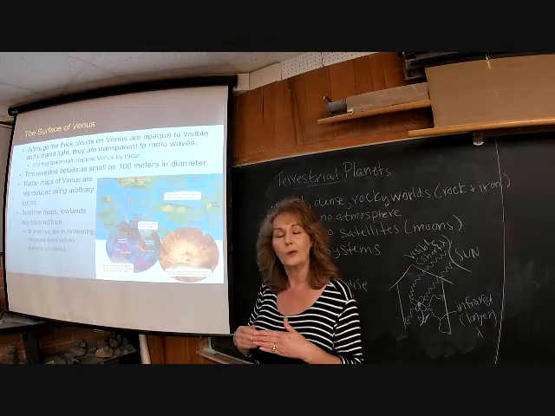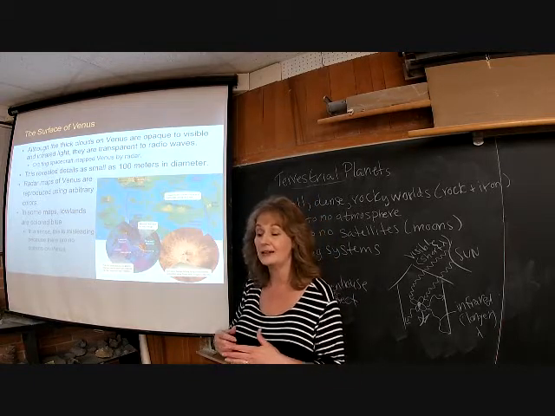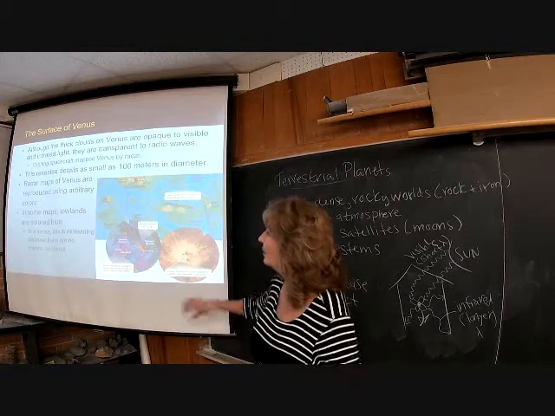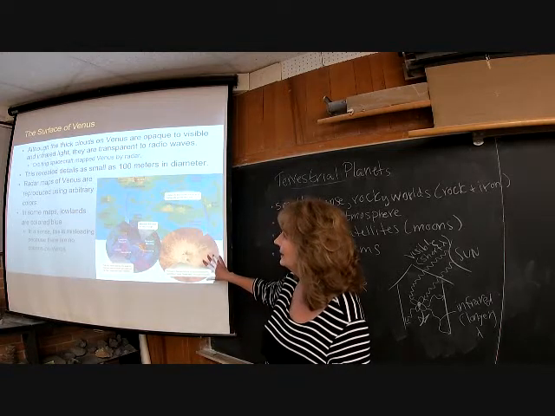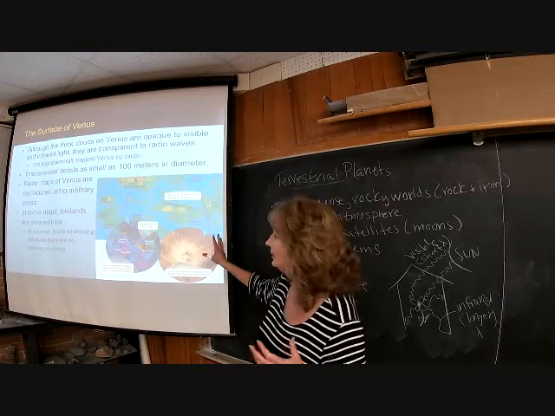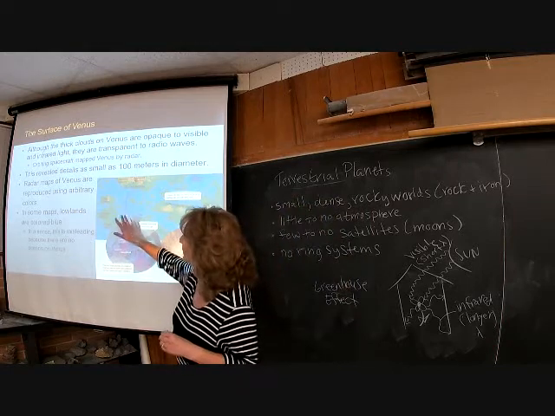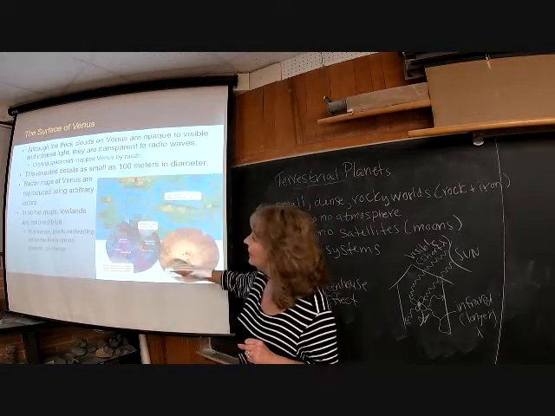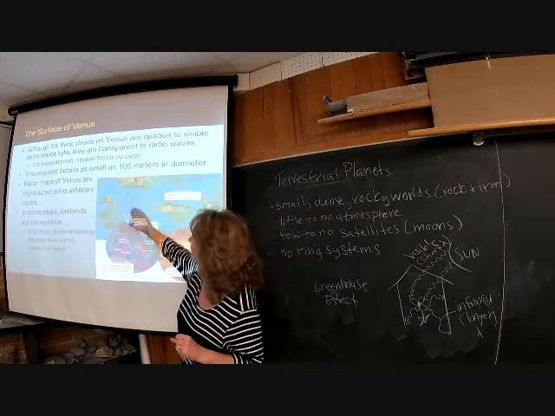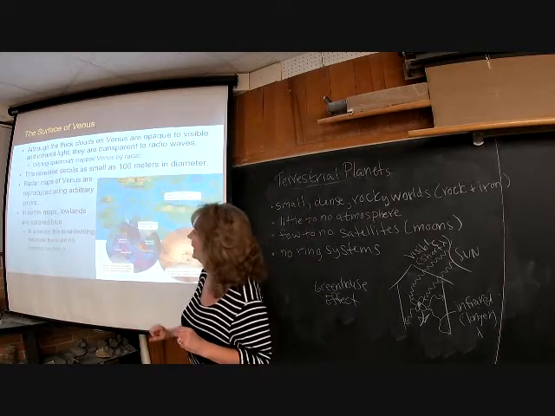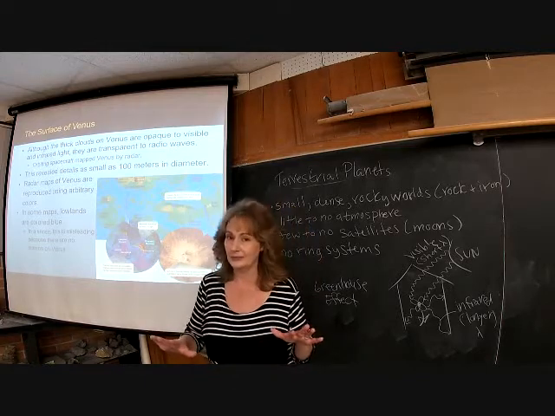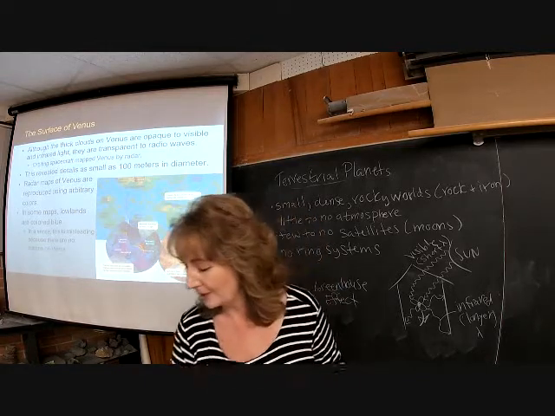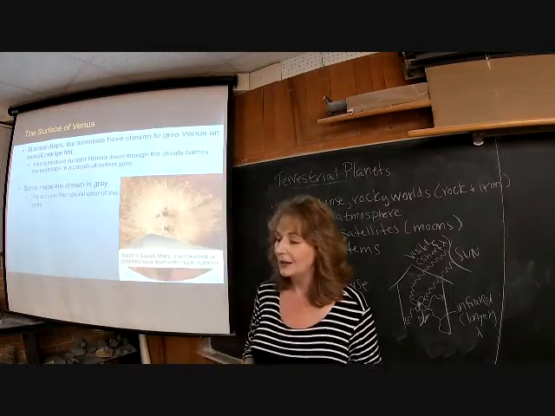But the orbiting spacecraft has mapped out what the surface would look like. And so the radars are, you know, in arbitrary colors here. So the lowlands are color-coded in blue. It's not an ocean, though. There are no oceans on Venus, okay?